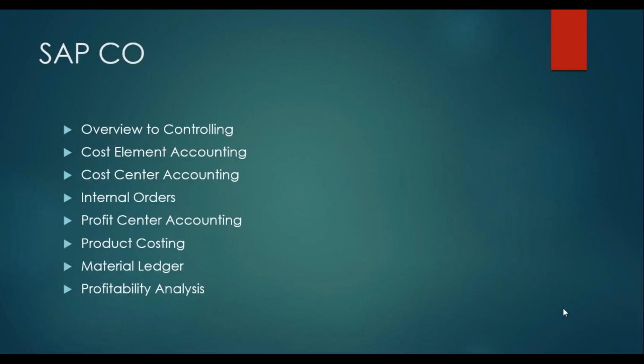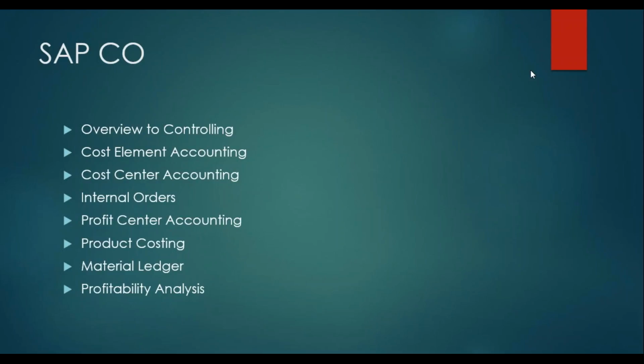Gaurav, that will explain you much about all this. Gaurav, are you there? Yes, sir. So he's asking about the FI-CO market and how to get into that. The FICO market is always going to be good because a lot of opportunities keep on coming. Whenever a customer is going for any SAP implementation, FICO is something which is a must for them.